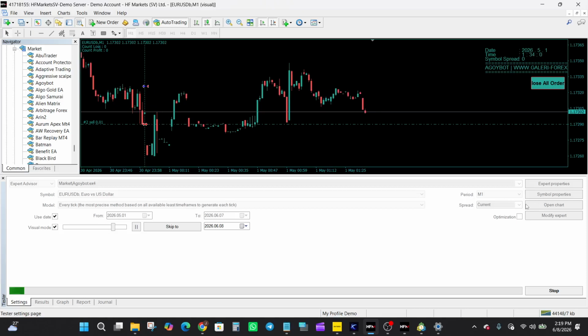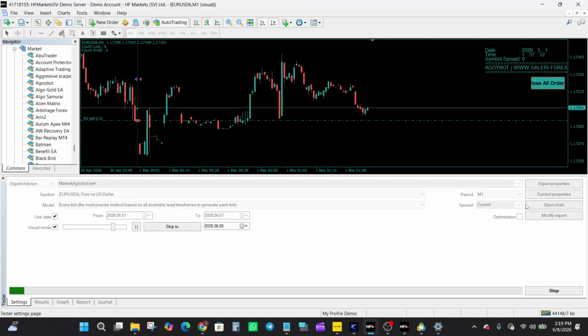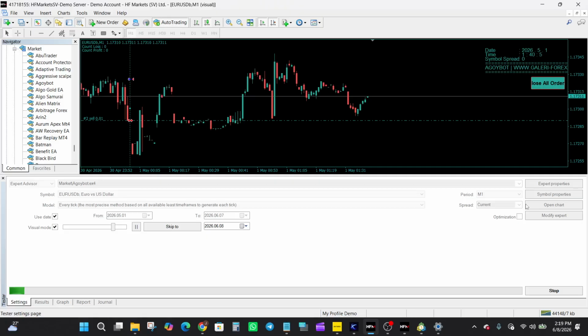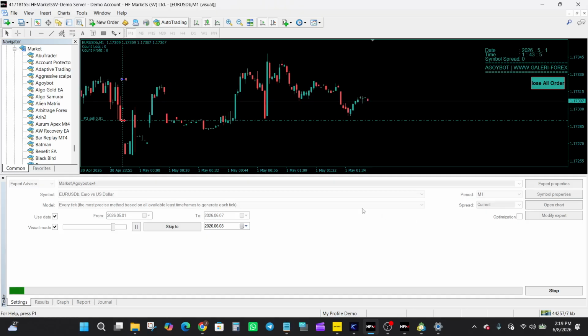So from a behavior perspective, what I'm mainly observing is how the EA reacts around previous highs and lows, and how different preset choices might influence trade frequency and position management. The structure seems to revolve around repeated reaction to price extremes, which aligns with the candle-based signal description provided in the settings.